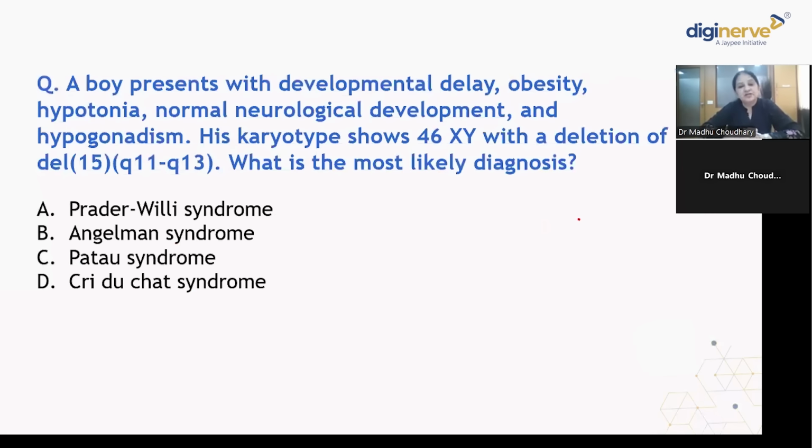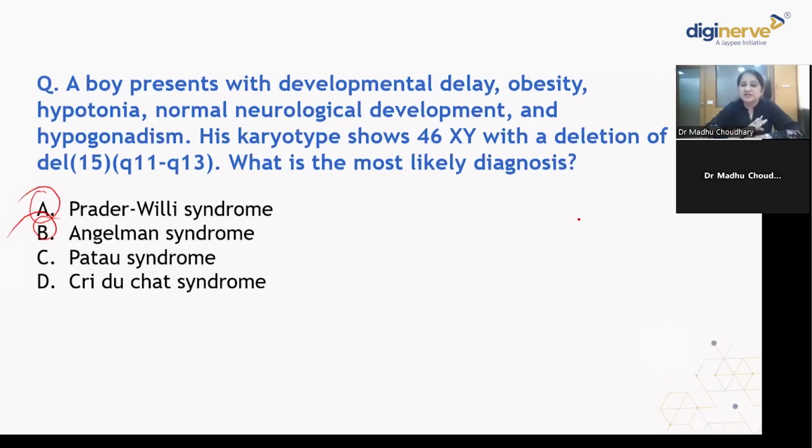Okay, a boy presents with developmental delay, obesity, hypotonia, normal neurological development, and hypogonadism. His karyotype shows 45XY with deletion of chromosome 15, right? Chromosome 15. What is the most likely diagnosis? Once you see chromosome 15, it has to be either Prader-Willi or Angelman. Which will it be?